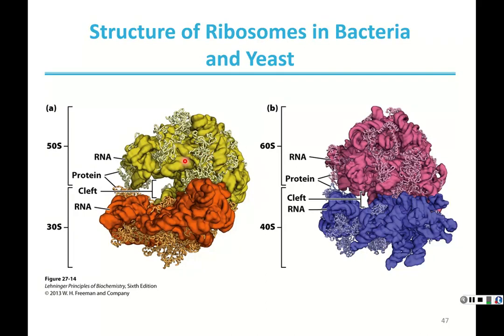In yeast cells, the subunits are called the 60S and the 40S. They're a little bit bigger, but again, there's a larger one and a smaller one.